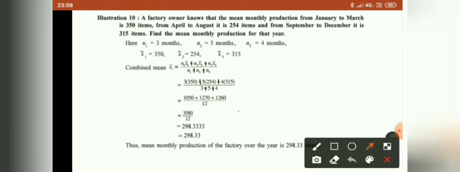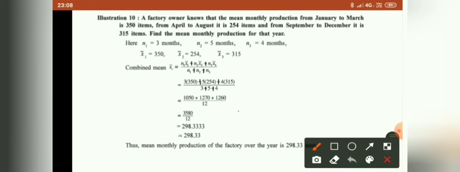Now we will divide by n1 plus n2 plus n3. n1 is 3, n2 is 5 and n3 is 4, so 3 plus 5 plus 4.